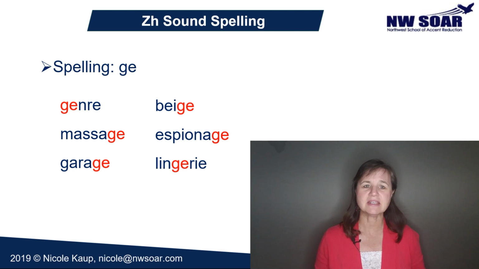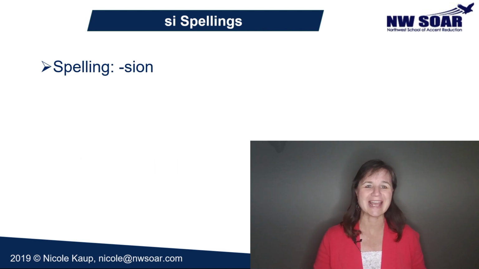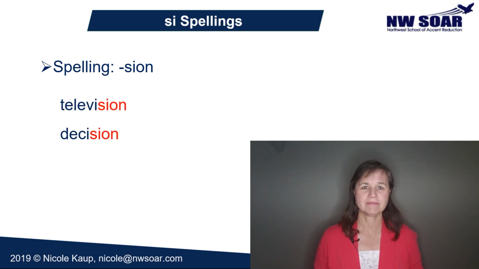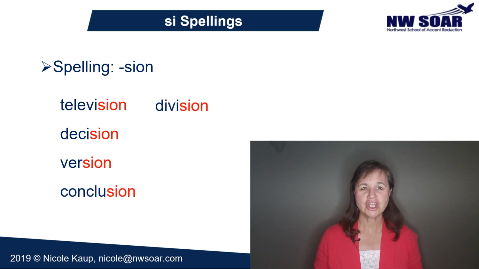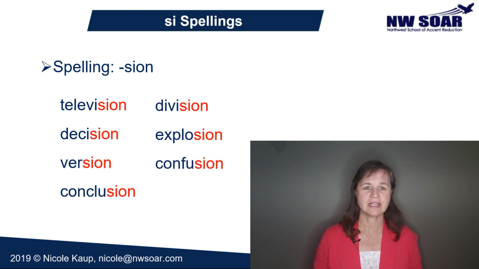Now you may see the j sound spelled with si. There are several common words ending in sion with a j pronunciation. And they're television, decision, version, conclusion, division, explosion, confusion, and occasion.